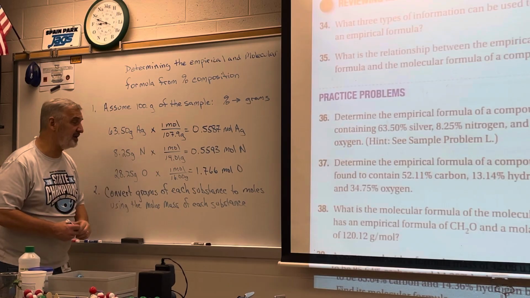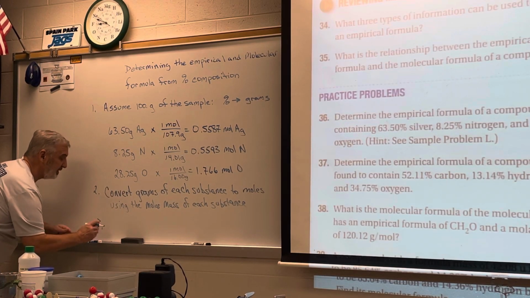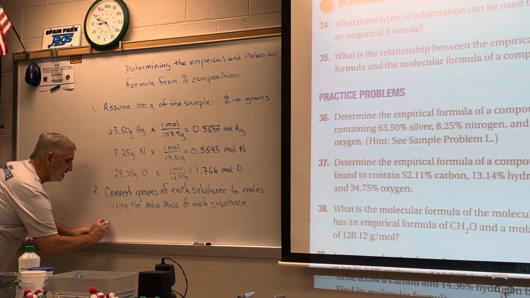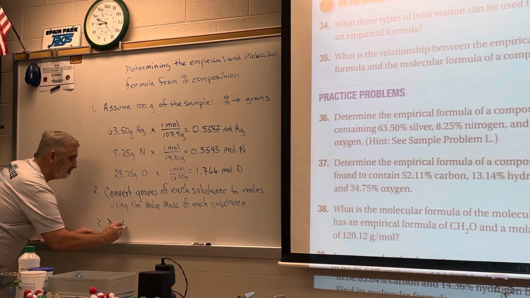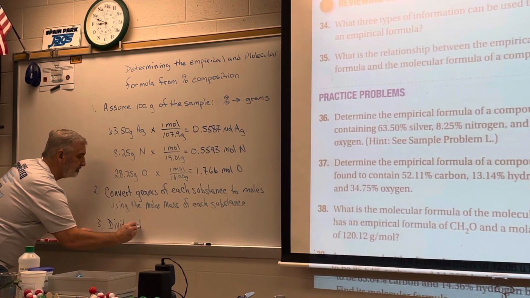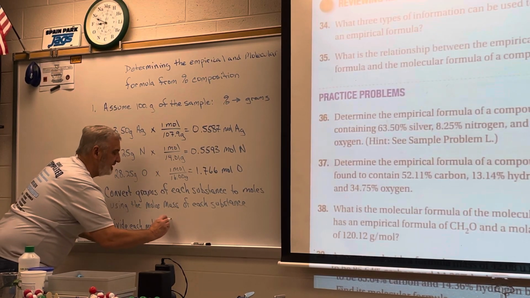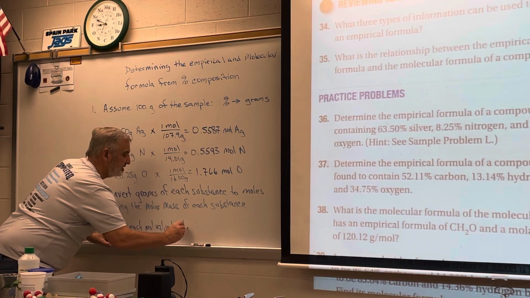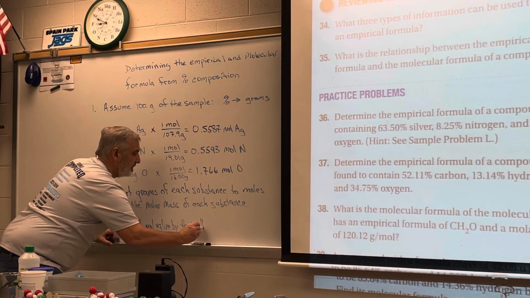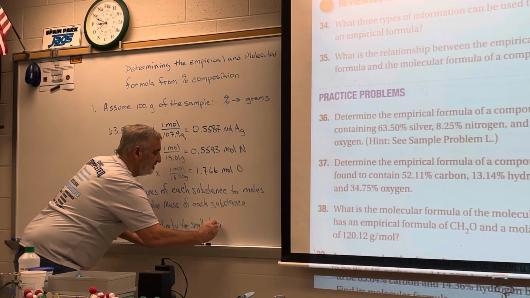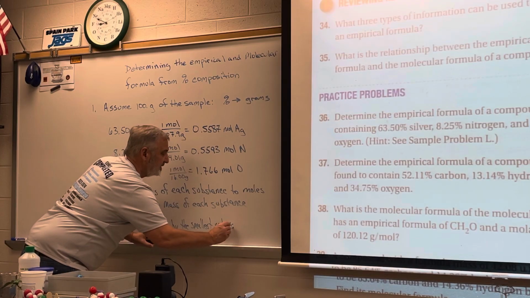We divide by the smallest number. So number 3, which I never really wrote down, is divide each mole value by the smallest mole value. And what does that give you?